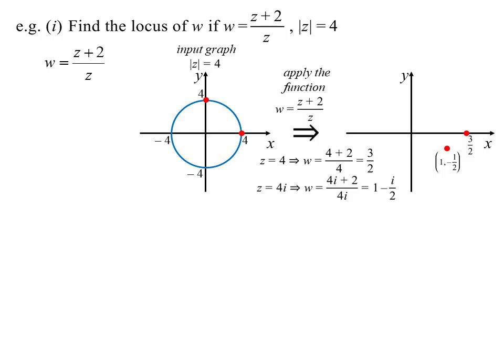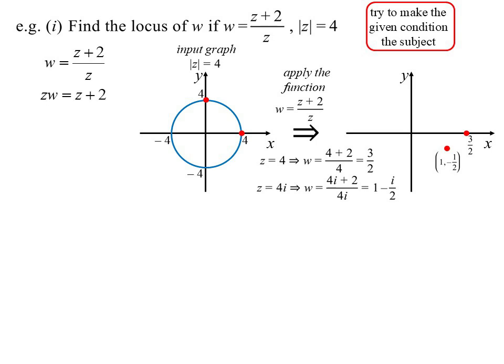Well, that goes back now to the condition they gave me, the modulus of z equals 4. We know every input is going to satisfy that. We want to know what's the output. I'm going to try and rearrange this formula and make z the subject, because that's the condition I know. I know the condition on z. All right, playing around with it, eventually, here we go. z is equal to 2 on (w minus 1). But I know the modulus of z is equal to 4.